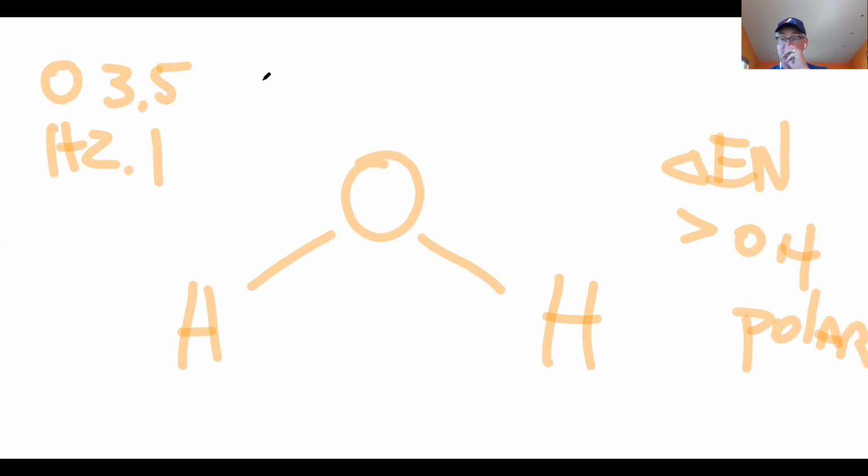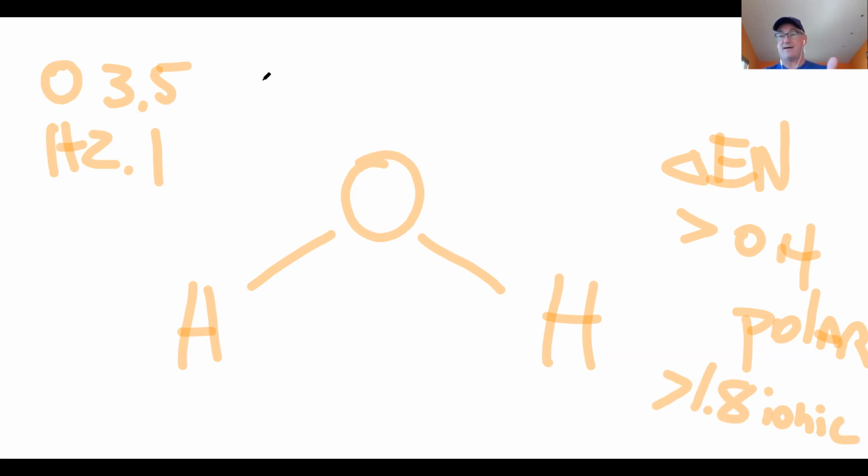And in fact, if it gets more than, I think, around 1.8, it becomes ionic. Because basically it becomes so polar that the electrons, instead of being unequally shared, are just not shared at all. They're just being pulled apart.